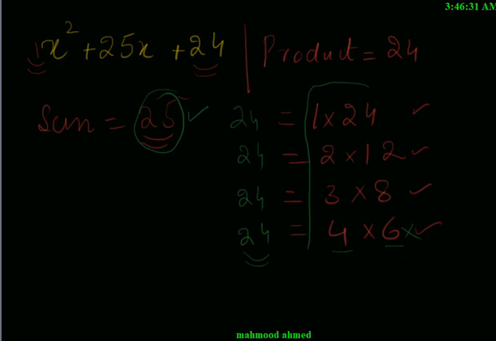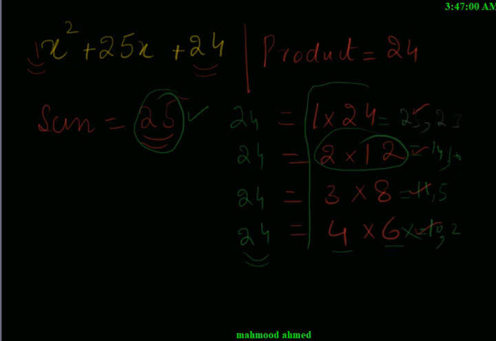Then we come to 3 and 8: adding gives 11, subtracting gives 5. This is also a wrong combination. Then 2 multiplied by 12 gives you 14 or 10. So from the bottom, the first, second and third are not the right choice.